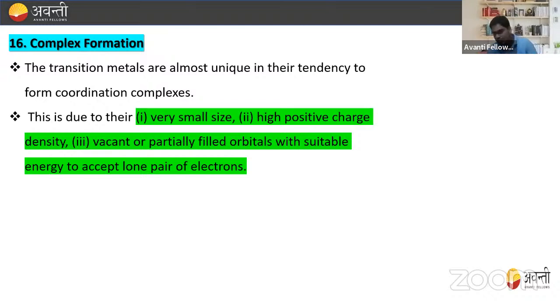This is due to their very small size, high positive charge density, and vacant or partially filled orbitals with suitable energy to accept lone pairs of electrons.